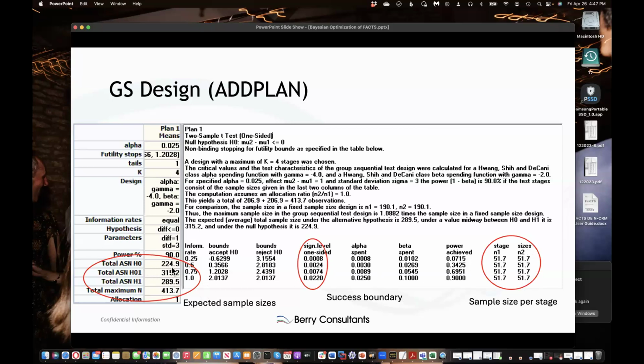And it gives us an expected average sample size of about 225 under the null and about 290 under the alternate, with a maximum sample size of about 440.